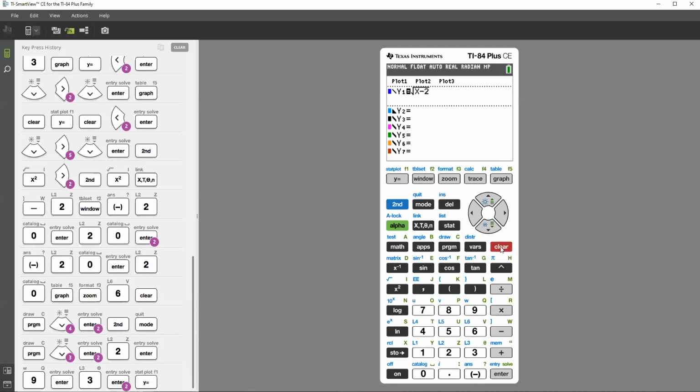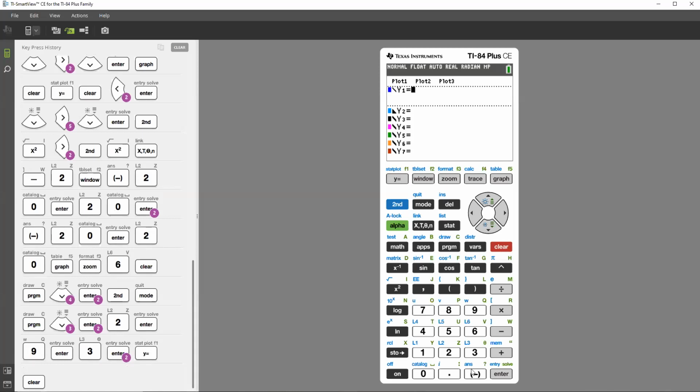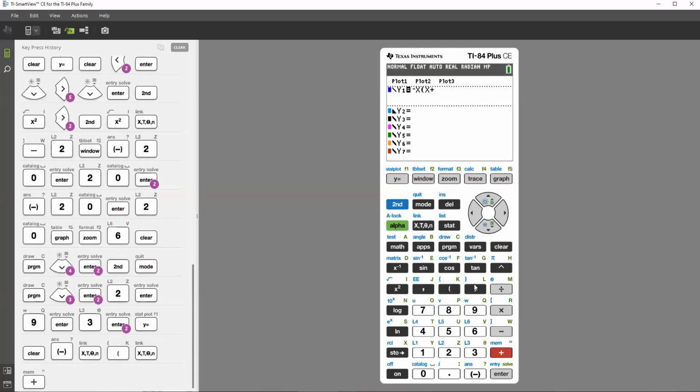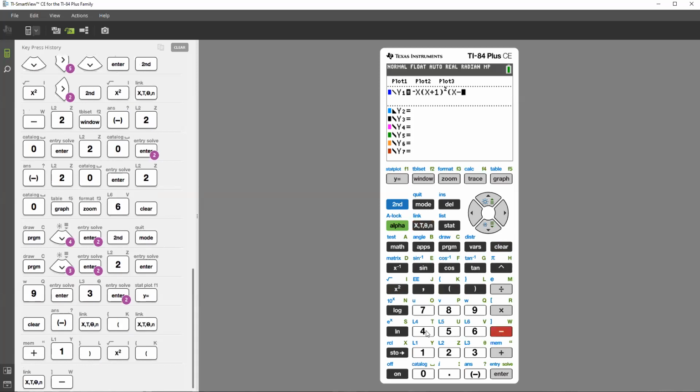So let's go to y equals. I'm going to clear out that. So I had a -x. So -x, parentheses, x plus 1, close parentheses and square that one. And then parentheses, x minus 4, close parentheses, and square that one.